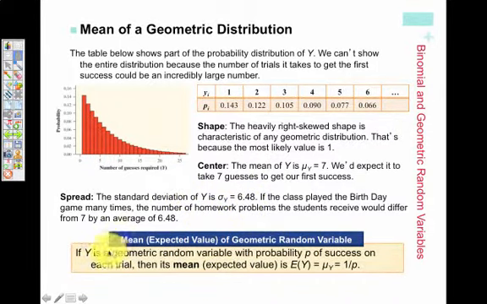And if y is one of these special geometric random variables with probability p of success, then its mean will always be 1 over p, 1 over the probability of success. And that's a little bit different than n times p, like we saw with the binomial. Slightly different formula, but we get a mean of 7, 1 over the probability of a success.